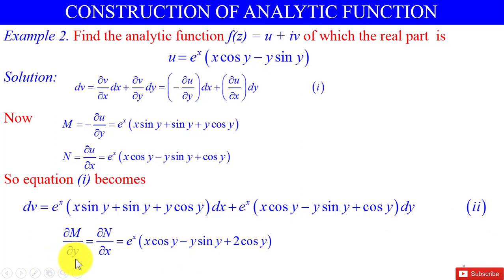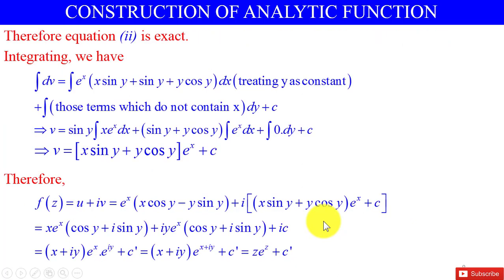Now, ∂m/∂y = ∂n/∂x = e^x (x cos y - y sin y + 2 cos y). Therefore, equation 2 is exact, since ∂m/∂y = ∂n/∂x.